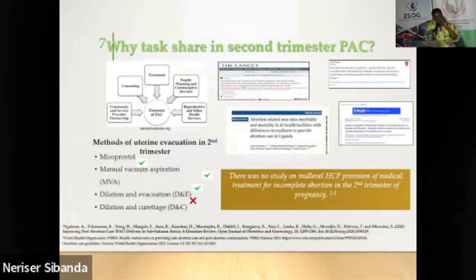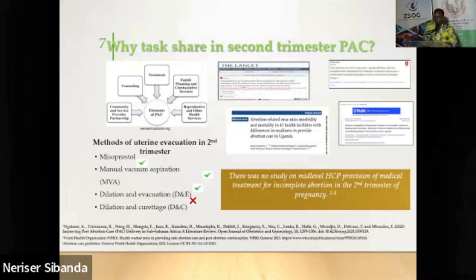So WHO proposed a number of methods of uterine evacuation, and this speaks to the emergency treatment arm as part of post-abortion care when women actually come with abortion complications to receive care at the health facility.